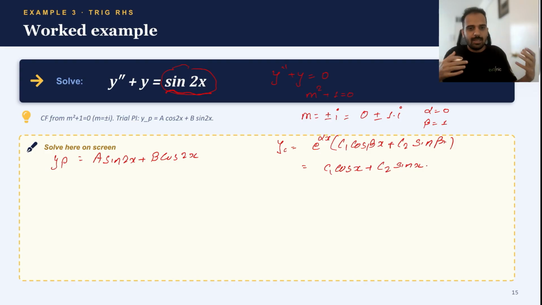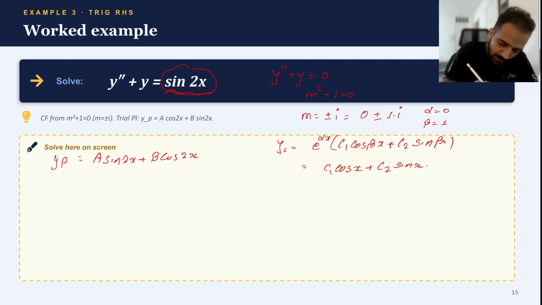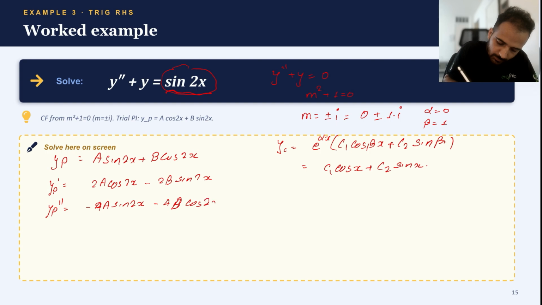Okay, now you can get your a and b values and finally get your yp. So to get the a and b, what you can do is take the derivative of this yp. This will be nothing but 2a cos 2x minus 2b sine 2x, right? So again, if you take the derivative, then you will have negative 4a sine 2x minus 4b cos 2x, right?